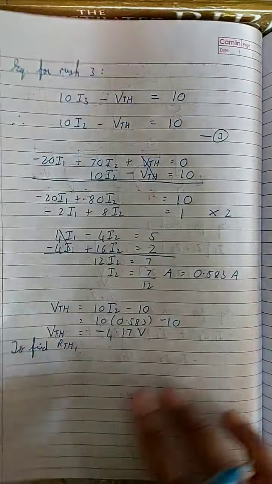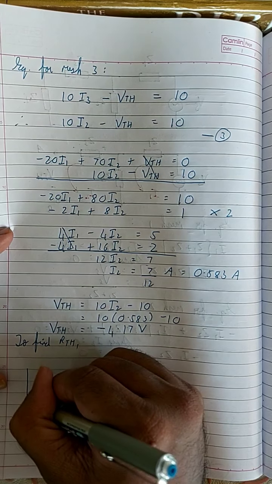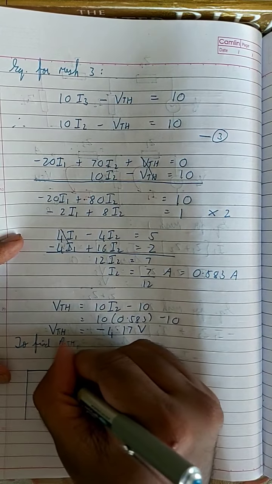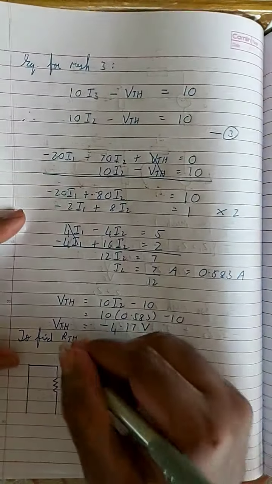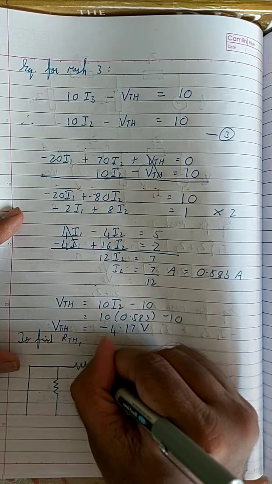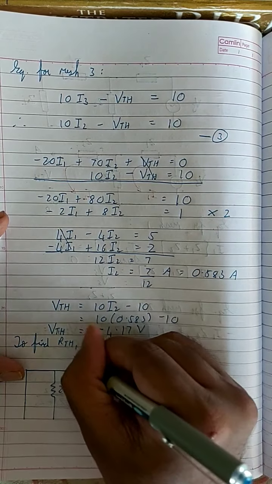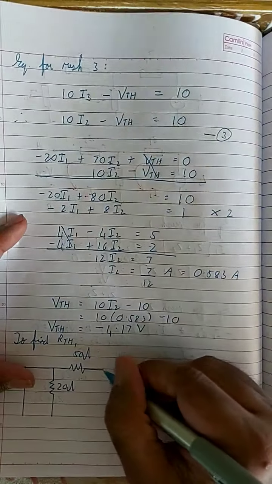So by shorting them, what will I get? Let me see. I'll get this circuit. It is short over here, and I have a resistor over here. Okay, then I have another resistor over here. Let me mark the resistor, 20 ohms. This is 50 ohms, and then this is the same.